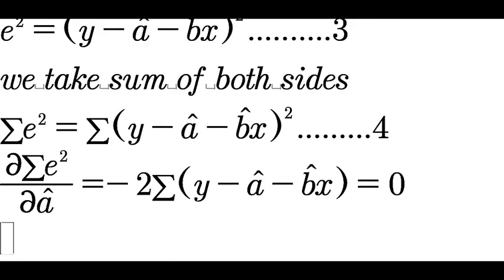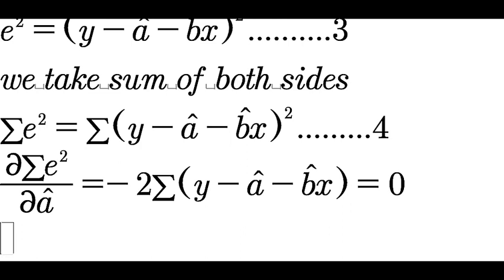Where we differentiated using the generalized power function rule or chain rule, we have -2 summation (y minus a hat minus b hat x). How did we get this? You can refer to your knowledge of the chain rule. Let me explain this verbally. We differentiated the expression itself to have 2 times the summation of the whole bracket.